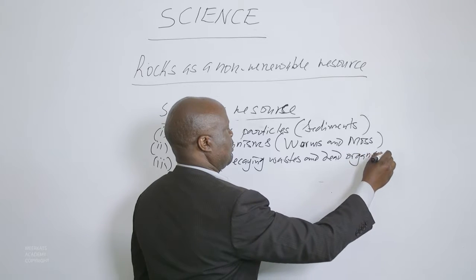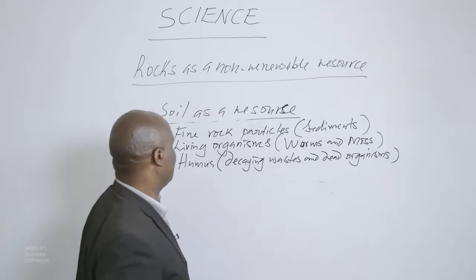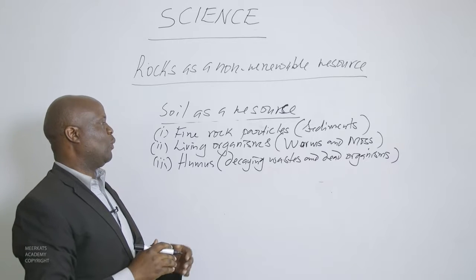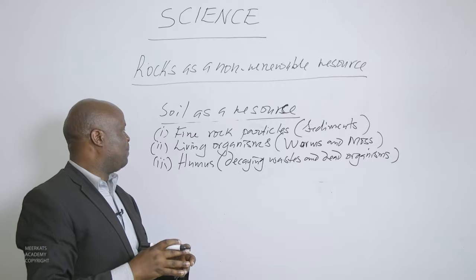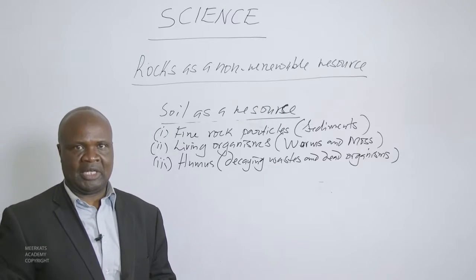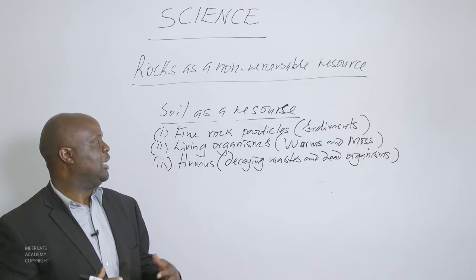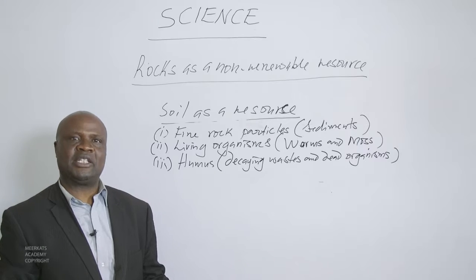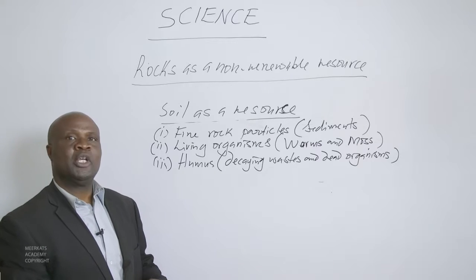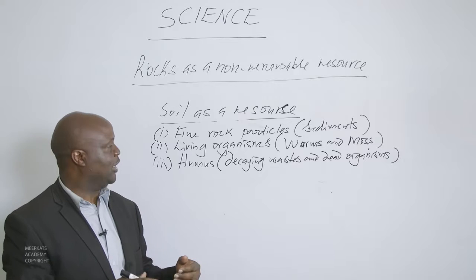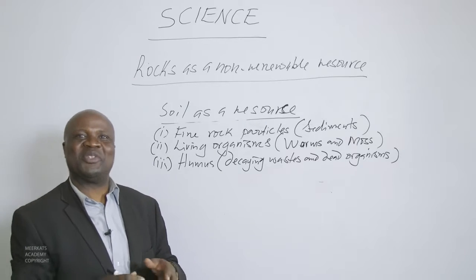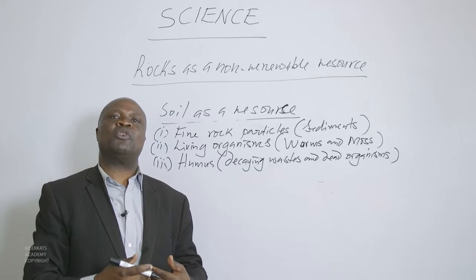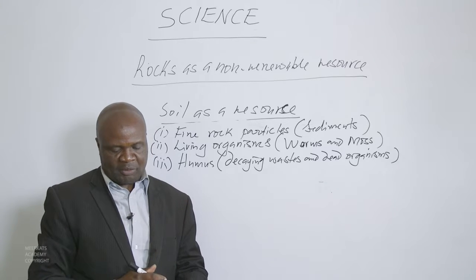Humus plays a very important part in soil fertility. It improves the fertility of the soil, so that plants can use these decaying wastes and dead organisms as nutrients and grow well. So humus is important.